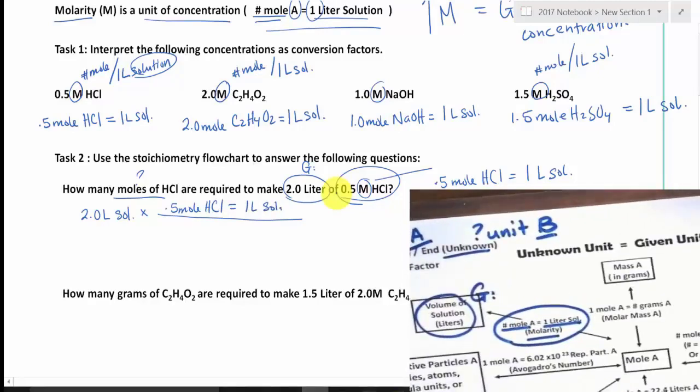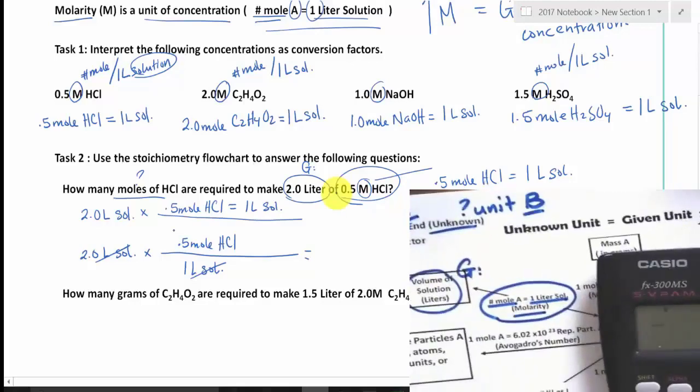So let's rewrite this as a fraction. We have 2.0 liter of solution times, notice how this is liter of solution, so the liter of solution on the bottom, which is 1 liter of solution. And what's on top? The leftover part, which is 0.5 mole of HCl. And you divide that together and that cancels out. And we have 2 times 0.5. What is 2 times 0.5?